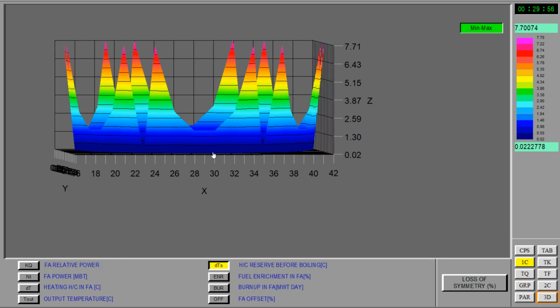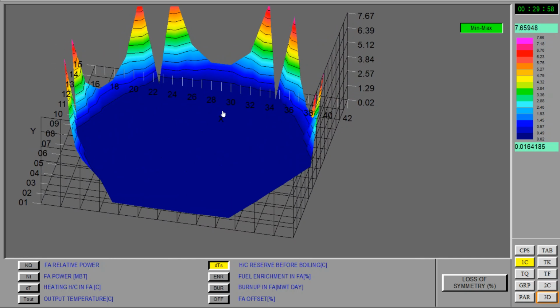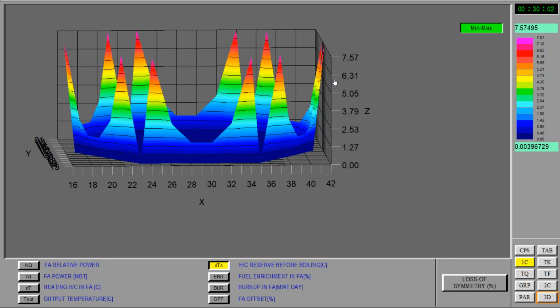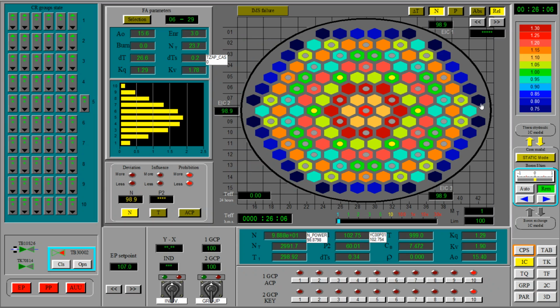We got a reserve of 0 in all the reactor except these corners here, in which we still have a reserve of 7 degrees, which are these cold rods. I will just select one of them. We have 7 degrees in this particular rod, but if I click anywhere else in the reactor, we will have 0. Like here, we have 0 everywhere.